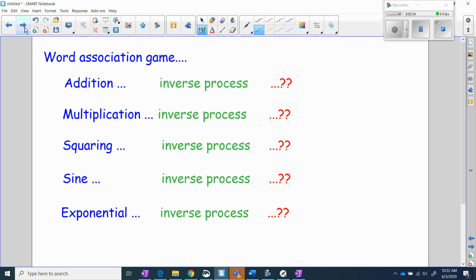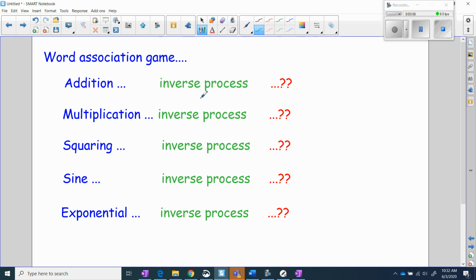Here's a little word association game that I usually would play with students. I'd give you a mathematical process, and you tell me what you would perceive its inverse to be. If I said addition, our natural reaction would be that the inverse process is subtraction.